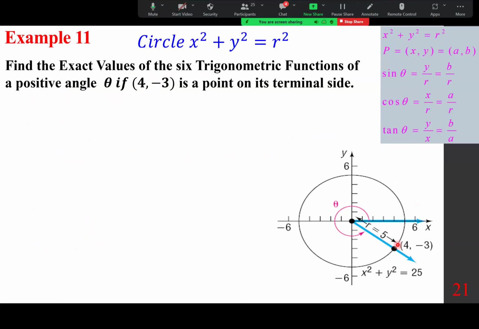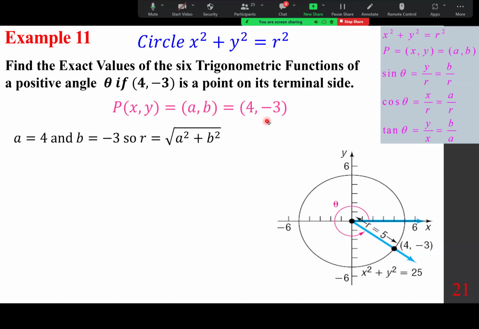So the very first thing is to calculate the radius, which becomes 5, because 4 squared plus -3 squared: A and B have coordinates 4 comma -3, and you square each one. You get 16 and 9, 25, and their square root is 5.